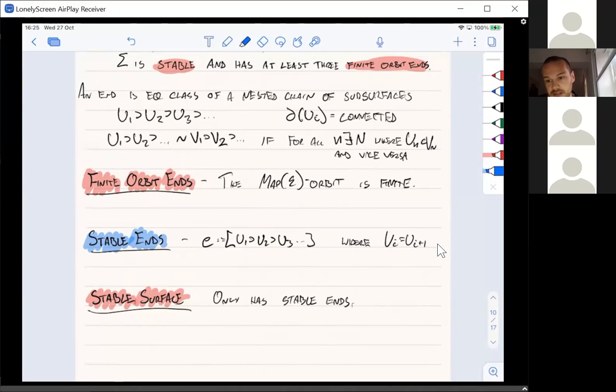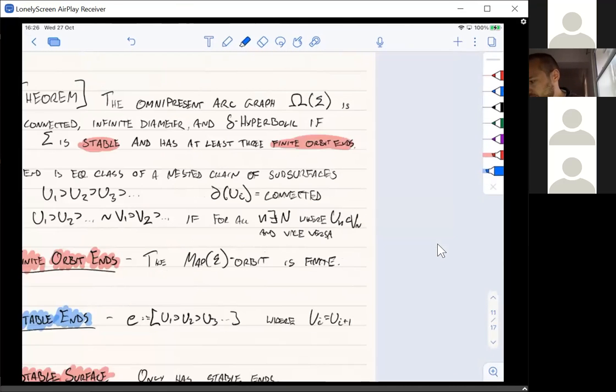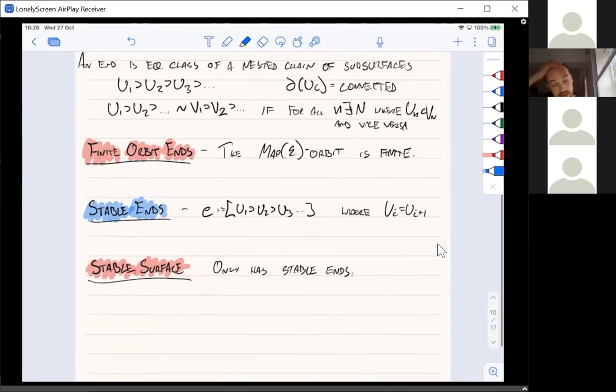So I guess, okay, 5 to 15 minutes is what I read is my remaining time. Okay, so maybe I'll quickly give you a definition of a non-stable surface.